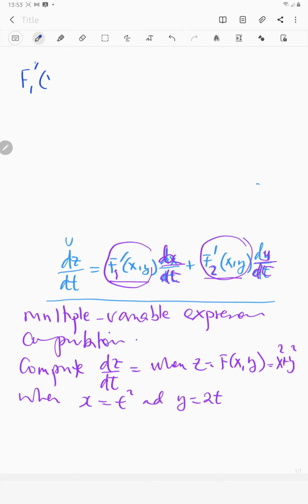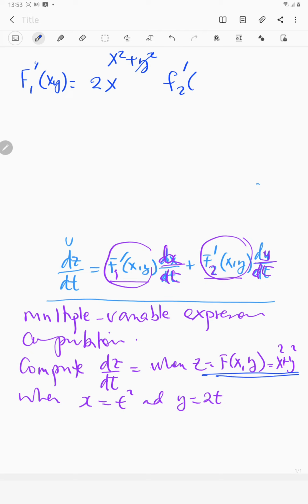If I say F1' (x, y), it means I'm differentiating this expression and should only look at differentiating x. Since the expression is x squared plus y squared, I have 2x because the y term is assumed to be a constant.